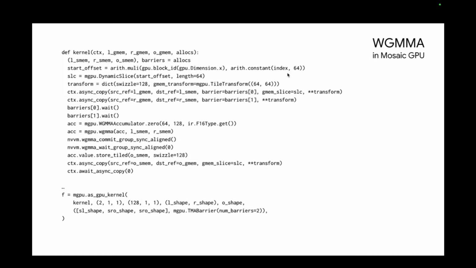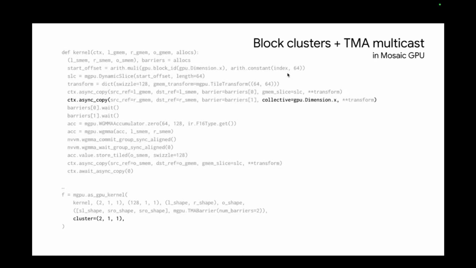Now, if this is a minimal WGMMA example, to add block clusters and TMA multicast, which is a really powerful concept, but also really complicated, I think, to use correctly, right? The idea there is that the GPU is able to take a slice of global memory and actually write it into the shared memory of 2 distinct blocks on 2 different SMs, right?